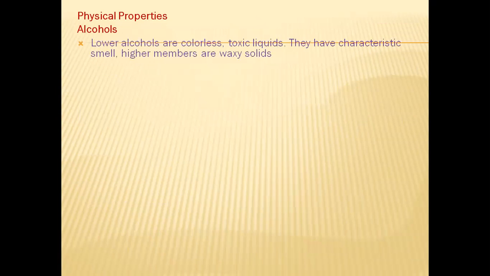The next one, when you come to the physical properties, what are the physical properties of alcohol? Lower alcohols are colorless, toxic liquids. They have a characteristic smell. Higher members are always solids.